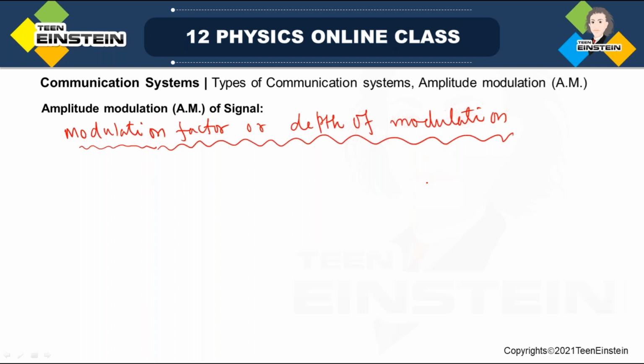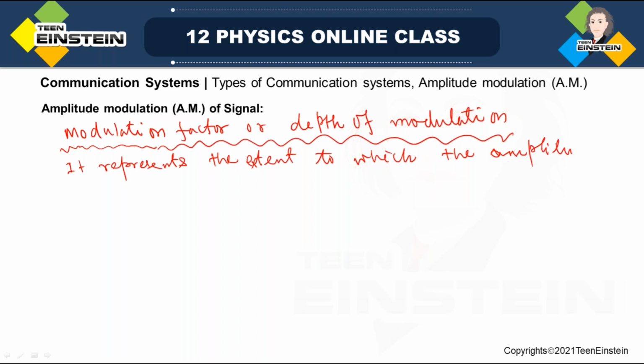Okay, how much the carrier wave amplitude is influenced or changed.